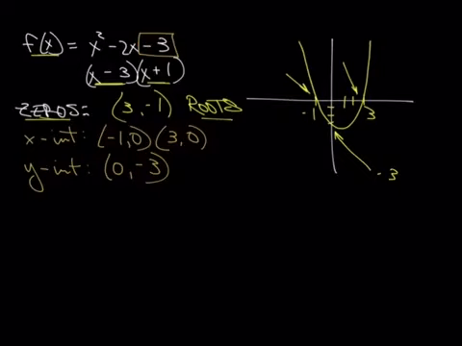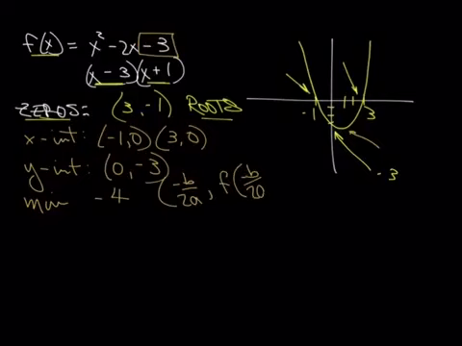The minimum value is going to be at negative 4 at x equals 1. So it's going to be right there, and remember you use the negative b over 2a and the f of negative b over 2a in order to find that point, negative 4, actually it's 1, negative 4.